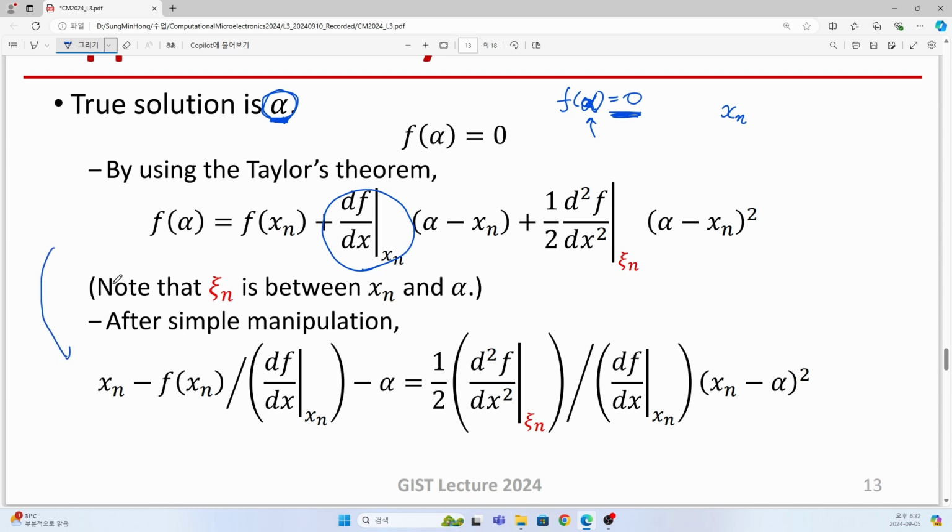So first of all, f of alpha equal to 0, because we have assumed that this alpha is special, the true solution, so that is gone. And now we have the terms related with f over df dx. This is the one we have. And here we have x n comes from this point, and alpha comes from this one.